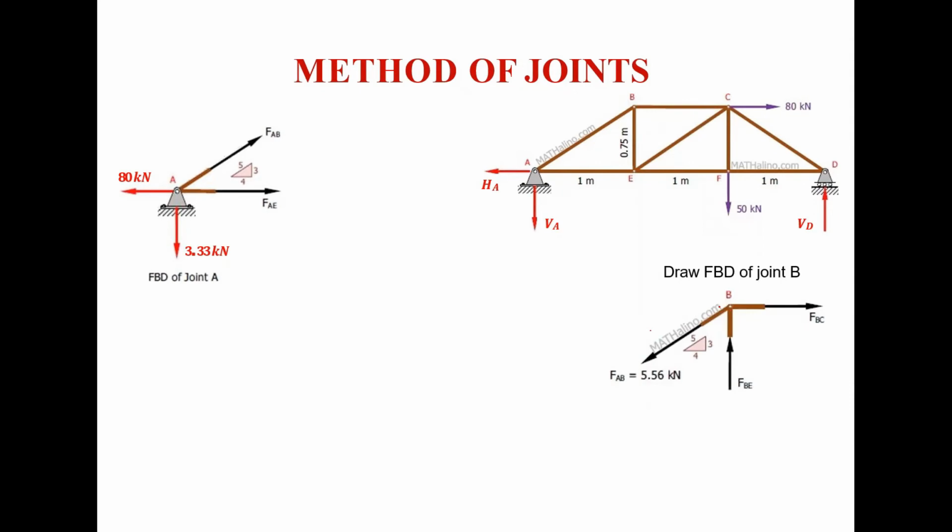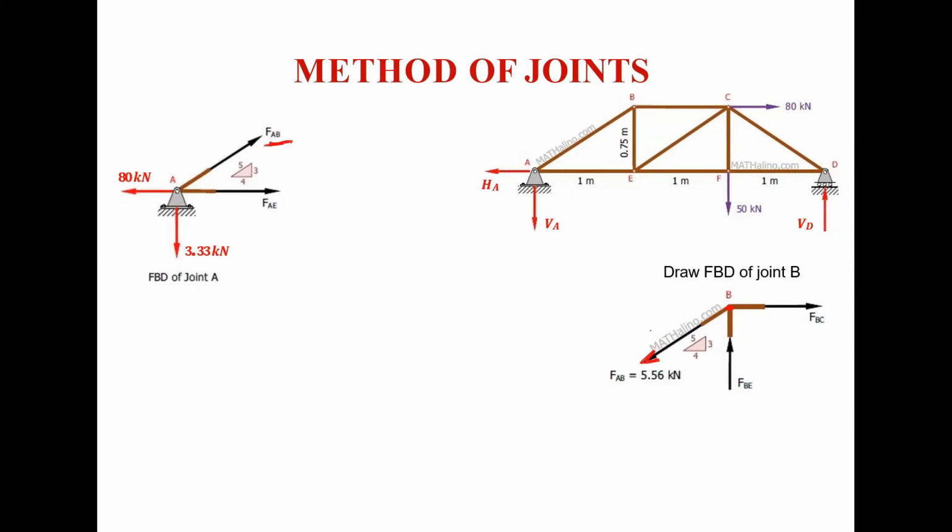So here you can see the FBD of joint B. Along the BA member, we have considered the direction of force along this direction. Why?